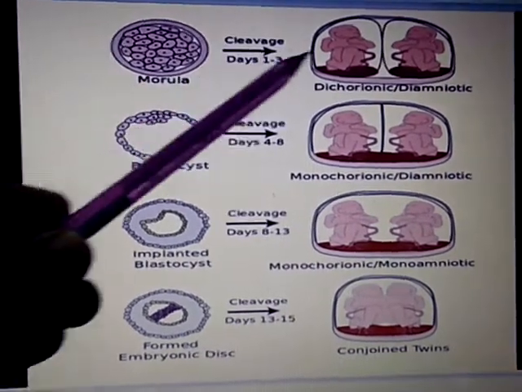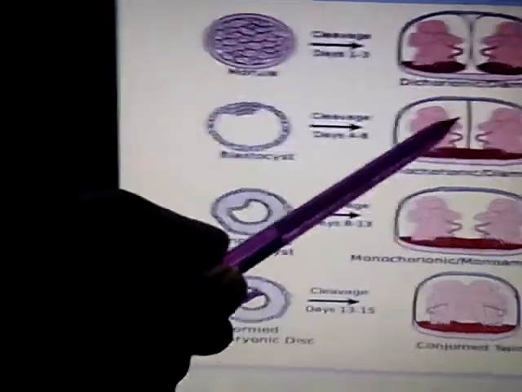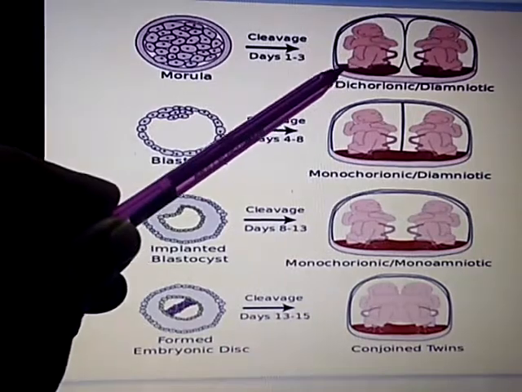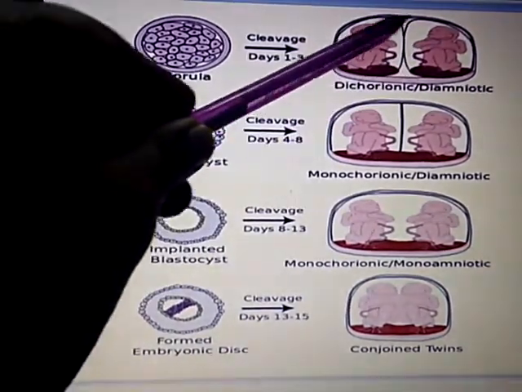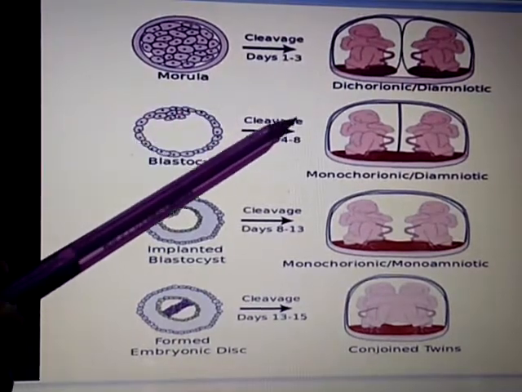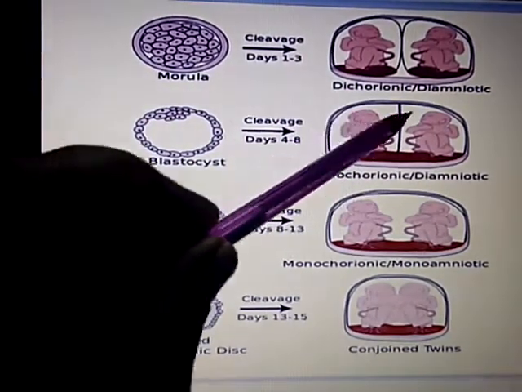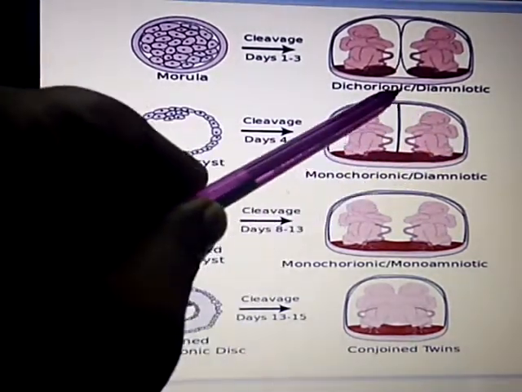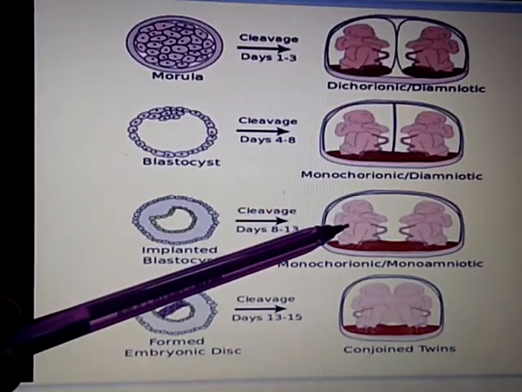So here this is diamniotic dichorionic twins. There is a separate chorion and a separate amnion. The next one is monochorionic diamniotic. The chorionic layer is the same for both, but there is a separate amniotic cavity.